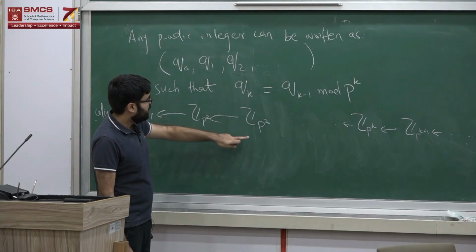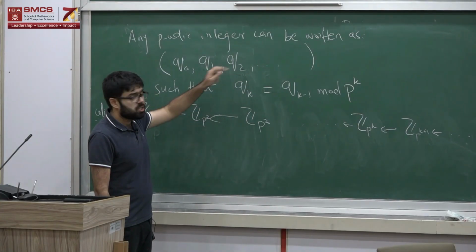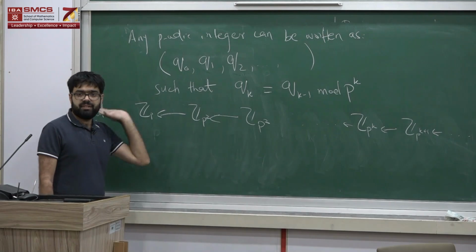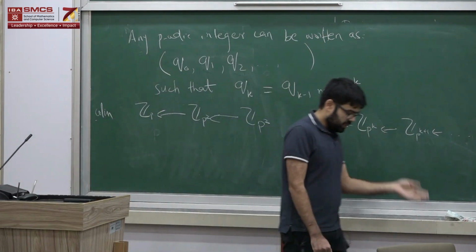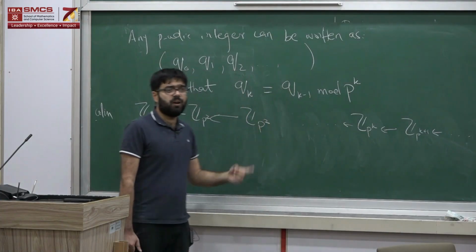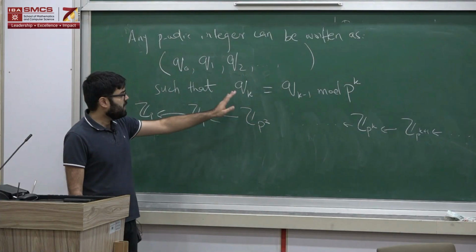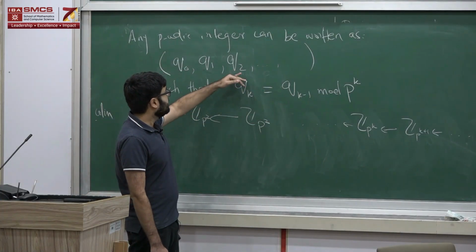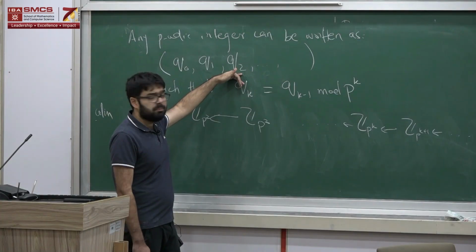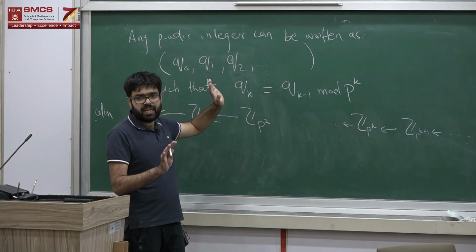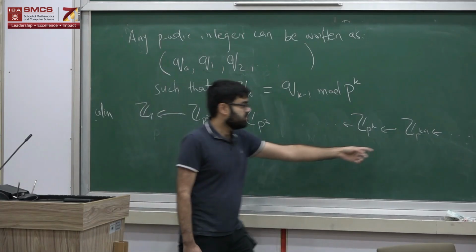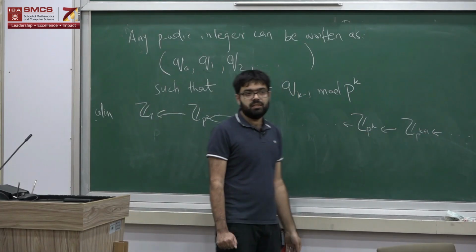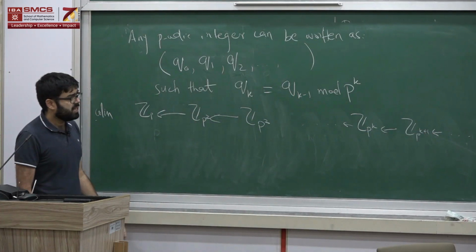The kth element corresponds to this qk, and when I reduce it, I get the previous element. And the only reason I have to think of this sequence instead of finding a single element: if these q's stabilized at some point, I would have a finite sequence, but they don't. The groups become strictly bigger and bigger as I go on that side.